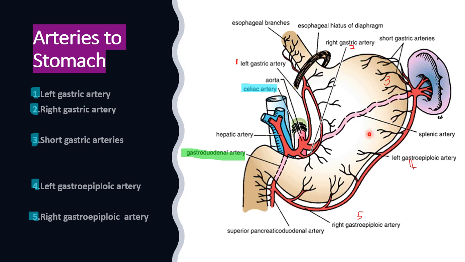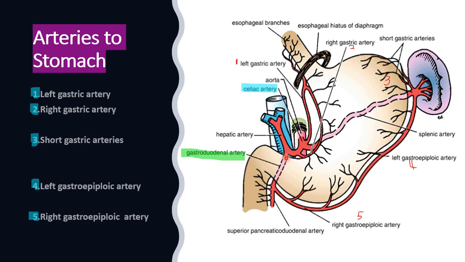Then your fourth one is your left gastroepiploic artery. This one is from the splenic artery. And then this anastomoses with your right gastroepiploic artery, which is a branch of your gastroduodenal artery.